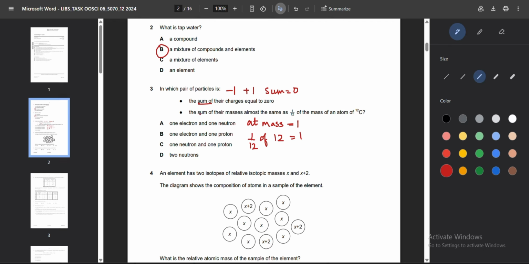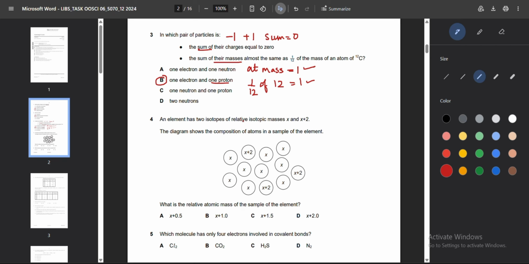So that means our option, 1 electron and 1 proton, is correct, because the sum of their charges is equal to 0 and the sum of their masses, the atomic mass, is 1 because it contains only one proton, and the sum of their masses is almost the same as 1/12 of the mass of an atom of carbon-12. So atomic mass is 1 as well as 1/12 of carbon-12 is also equal to 1. So that means option B is the correct one.